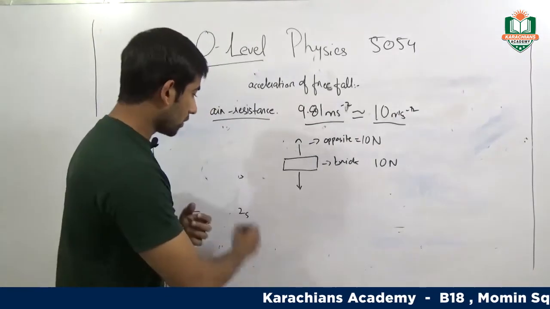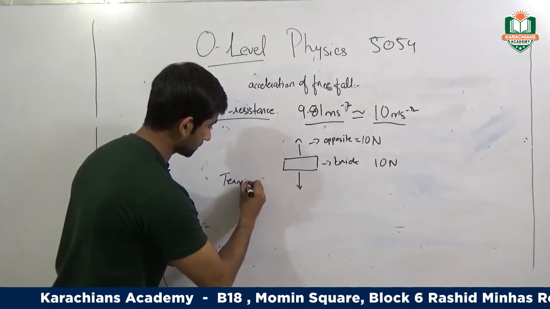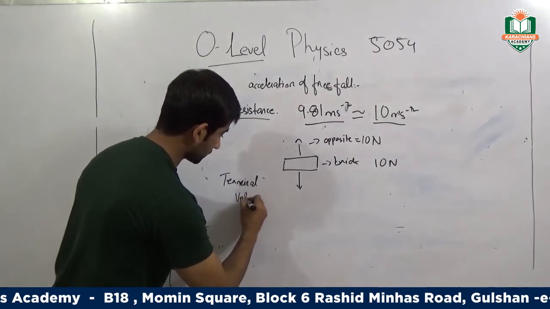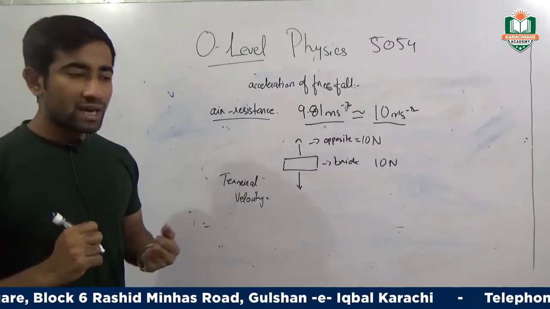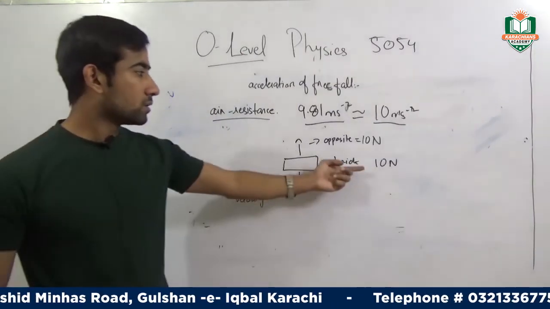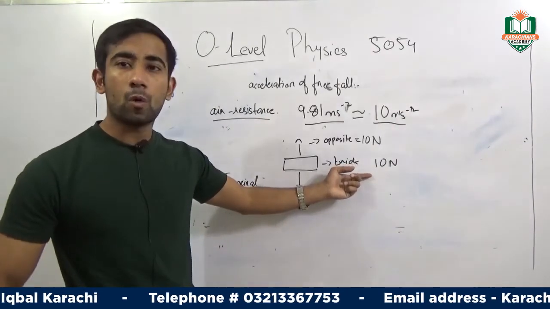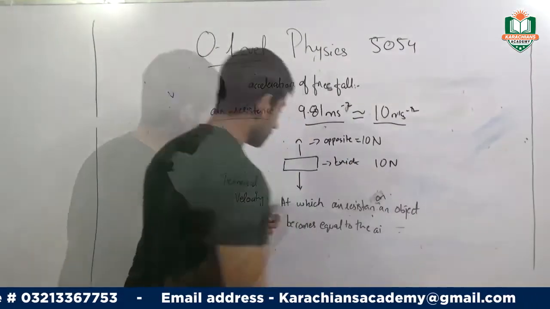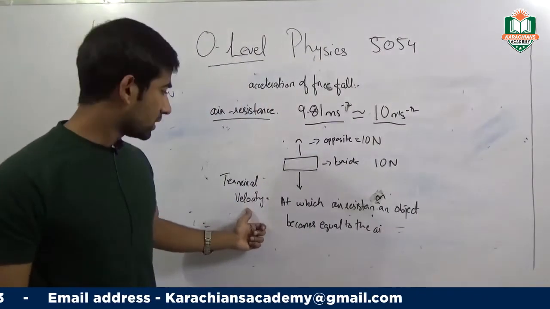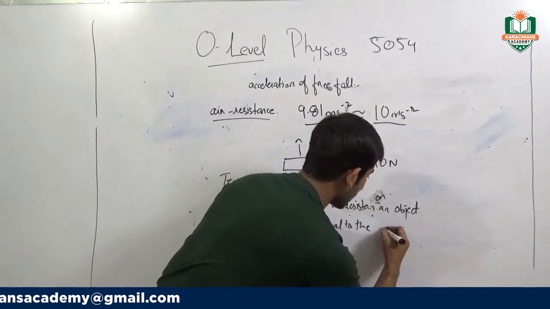Okay, so terminal velocity is a velocity at which the air resistance on an object becomes equal to the weight of the object.